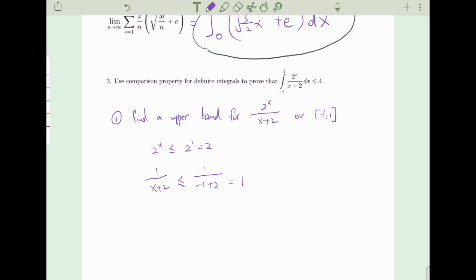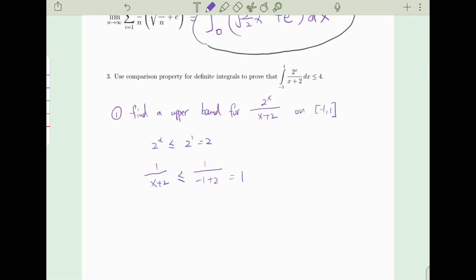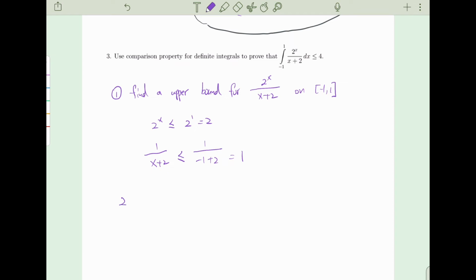And this expression here is actually the product of these two things. So it's equal to 2^x multiplied with 1 over, right? And we can follow the direction of this inequality, which is less than: for the first factor, this factor is less than 2, right?